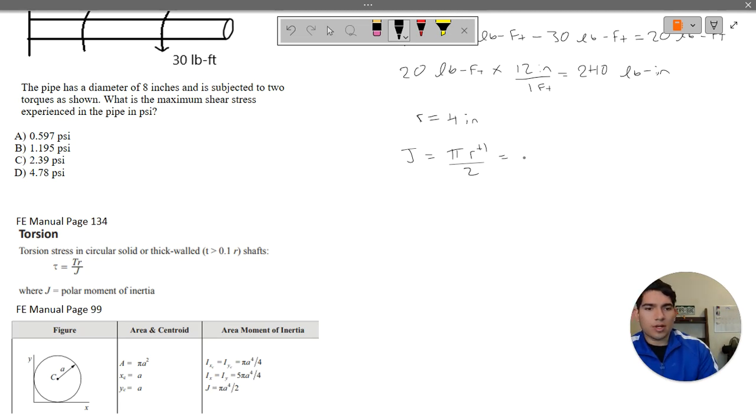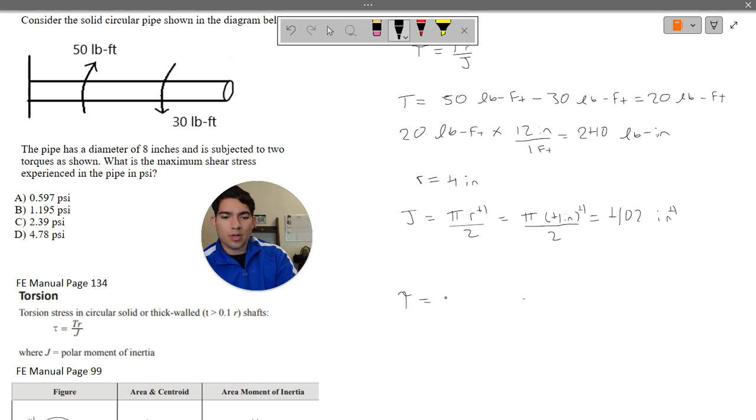So let's just go ahead and plug in our numbers. Our radius is 4 inches to the fourth over 2, and we get that the polar moment of inertia in this case is 402 inches to the fourth.